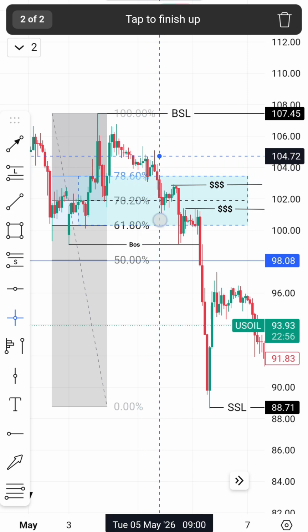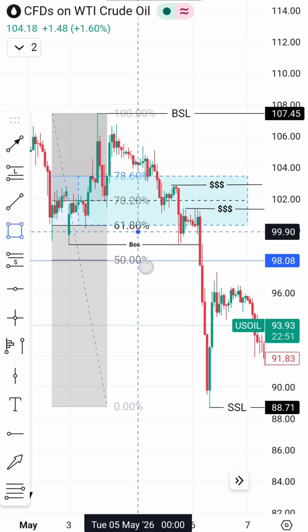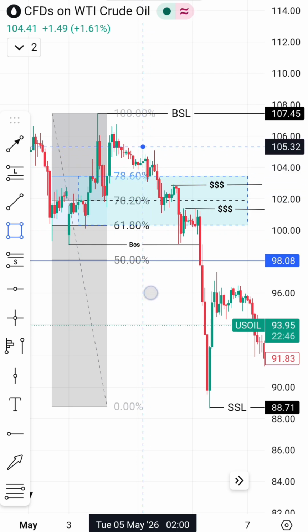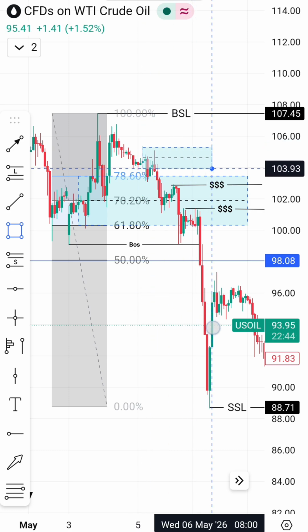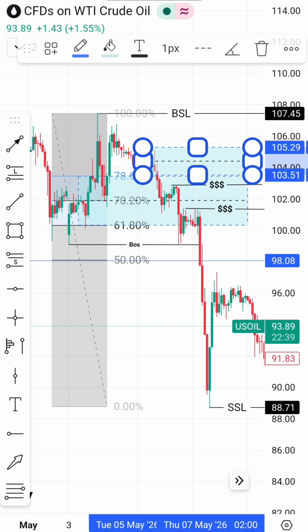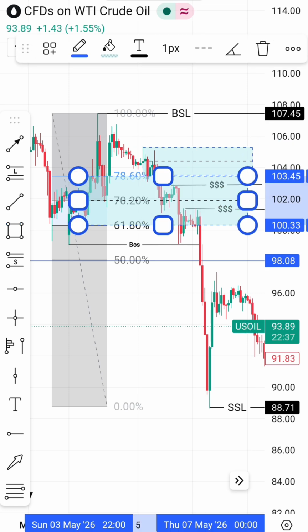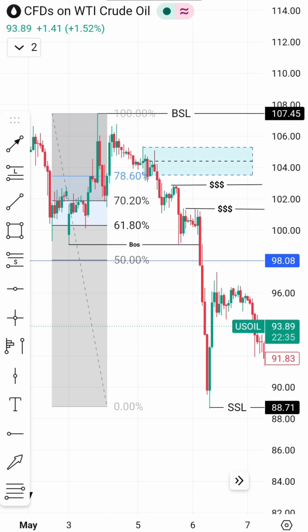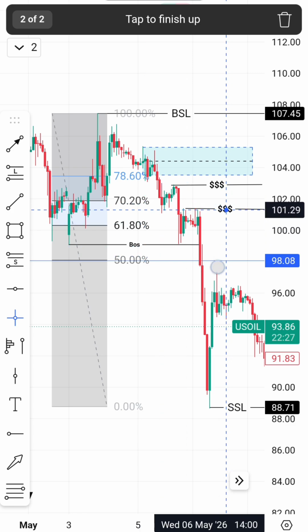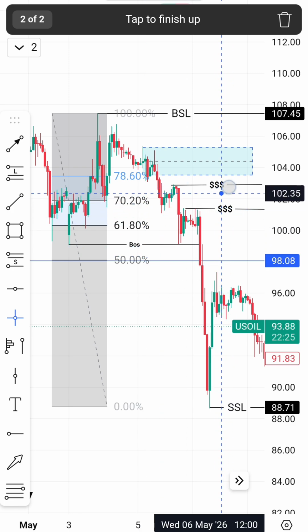So I come and draw from this zone, maybe up to that 78 zone. Okay, so let me remove this so that we can see clearly. This becomes liquidity, and this becomes liquidity, and this zone is free.